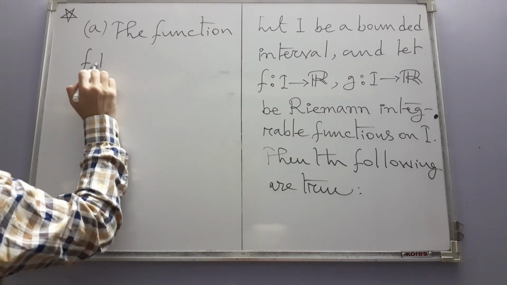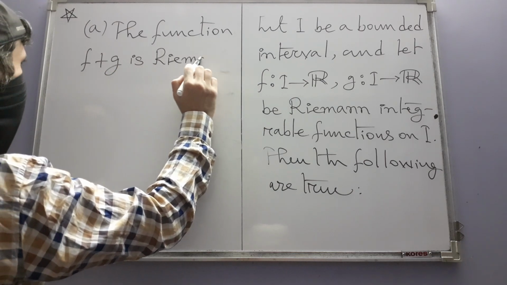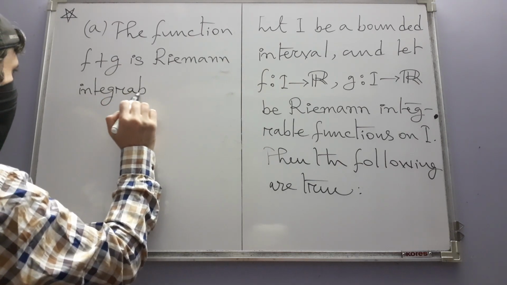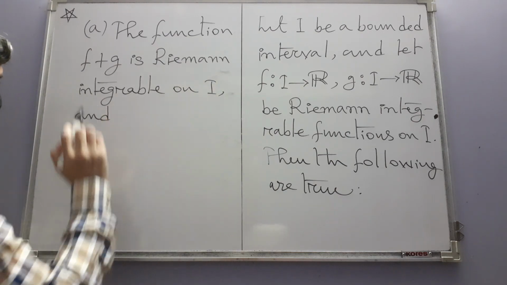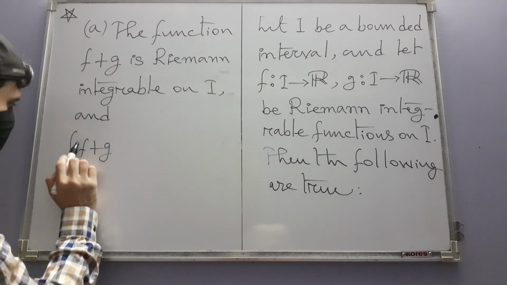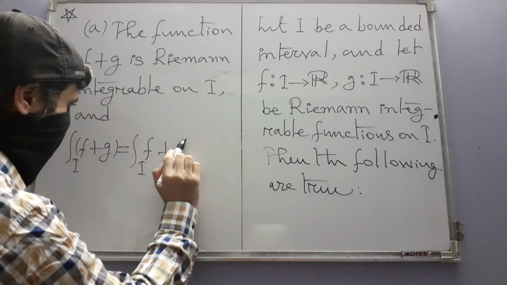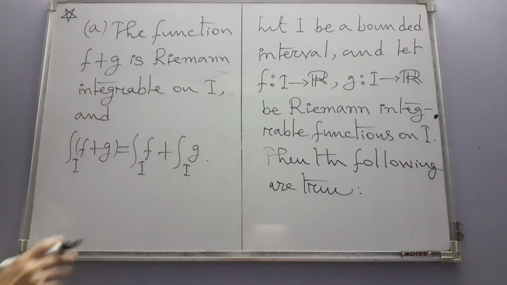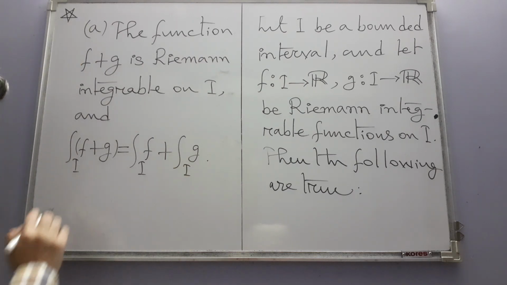The function f plus g is Riemann integrable on I, and its integral over I is nothing but the sum of the integrals of f and g over I. Okay, just exactly like the similar result for piecewise constant functions.